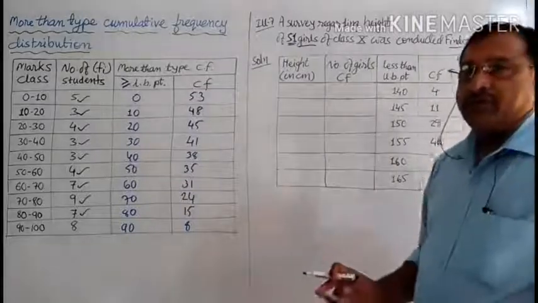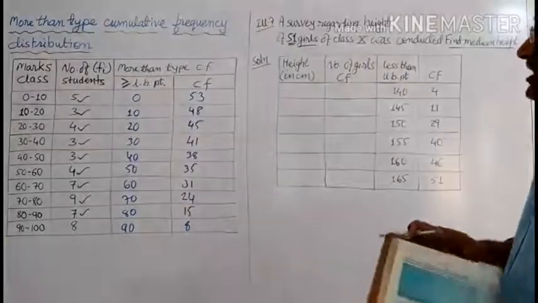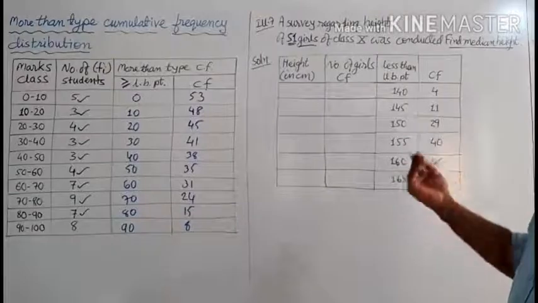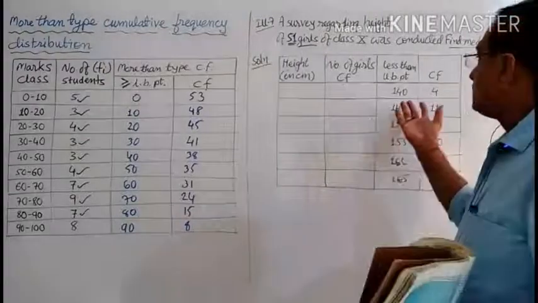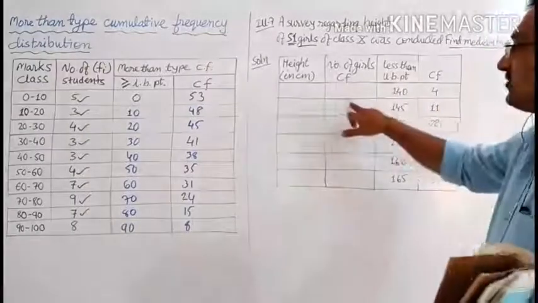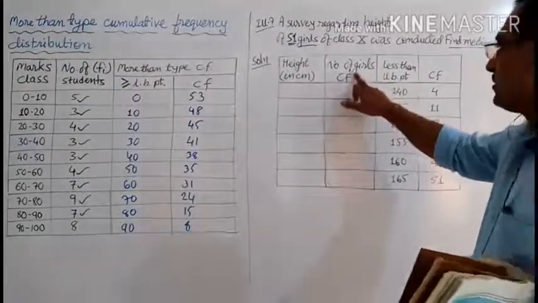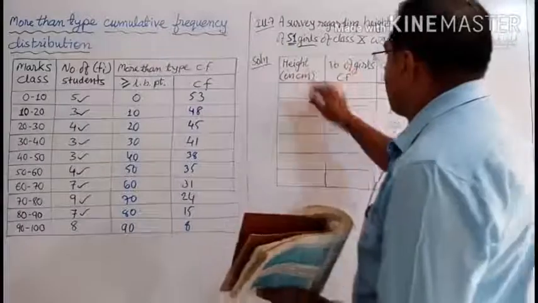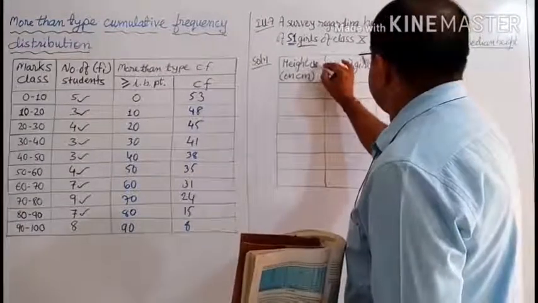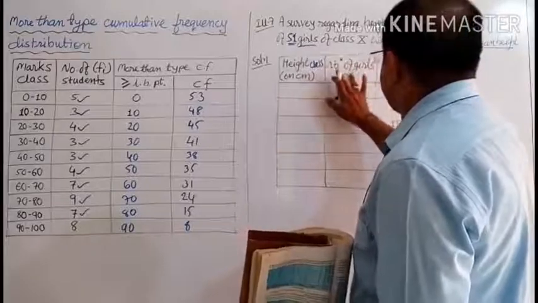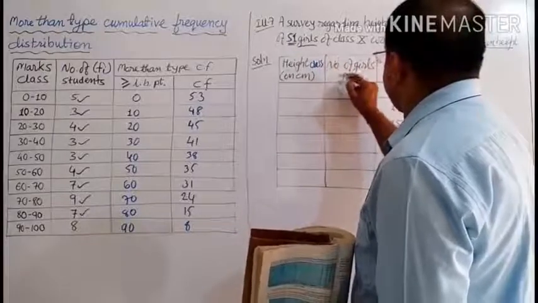To find the median, first we must know the median class, we must know the lower limit of the median class, and we must know the frequency of the median class. That means we need to find out the class as well as the frequency. So here we have to find the class, the height in centimeters, and also the number of girls, that is the frequency.